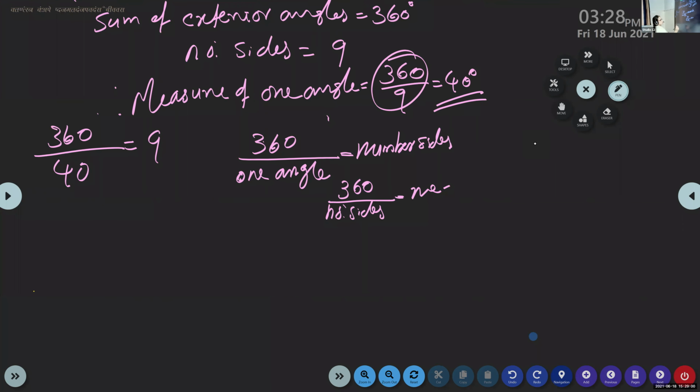Okay, we will write that also. 360 divided by the measure of one angle will give the number of sides.